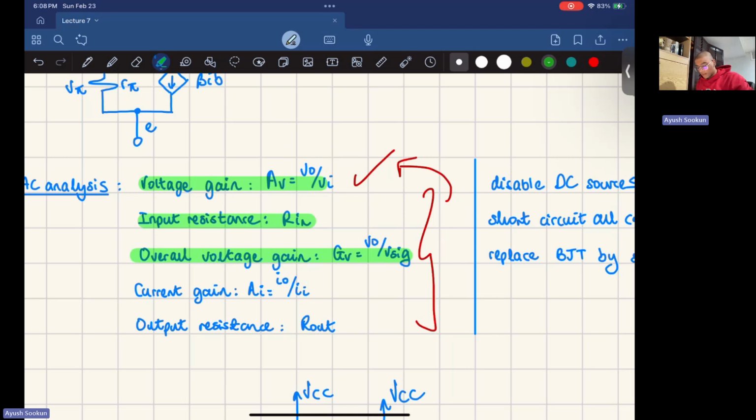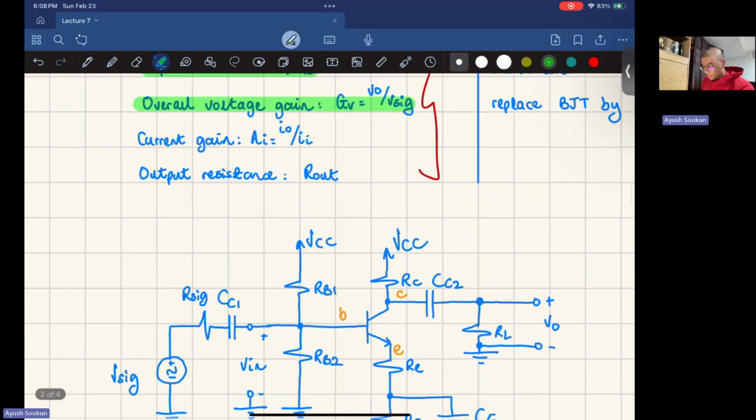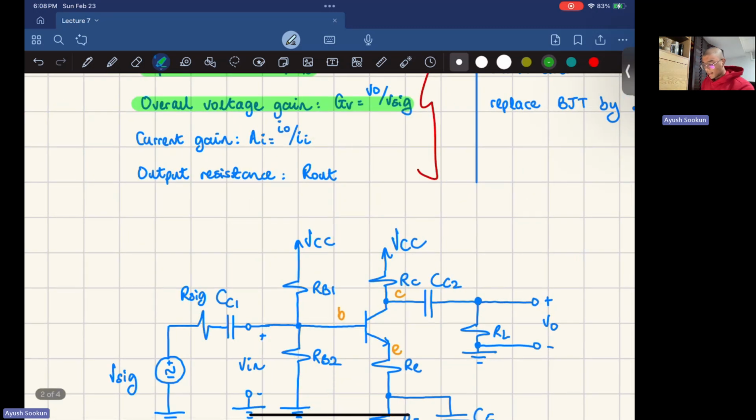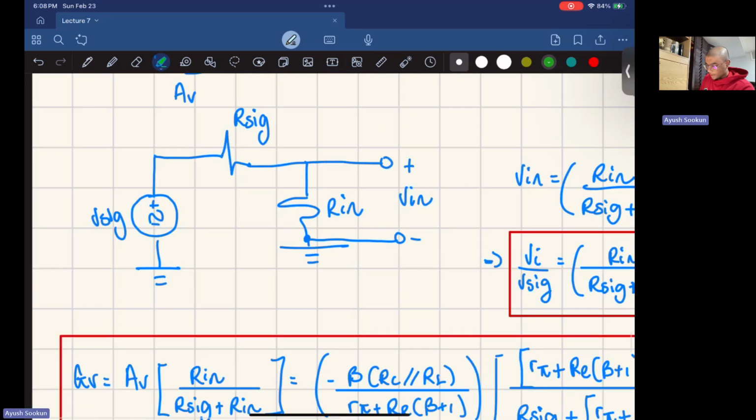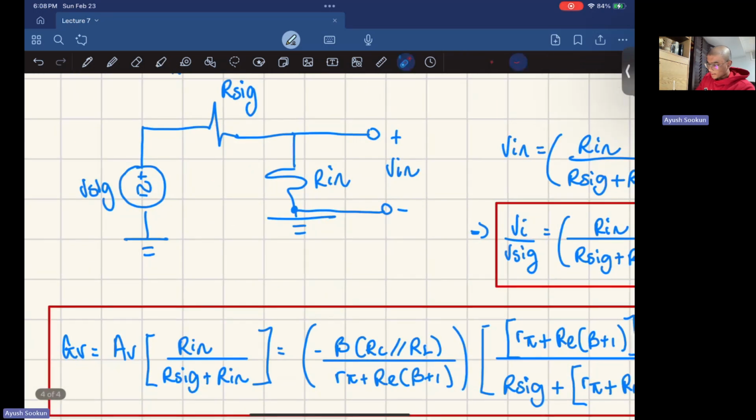And the next thing we want to find is the current gain, AI, which is I output over I input, okay? Now, if you look at the situation here in the circuit again, this is the input voltage, plus and minus, this is the ground, and this is R input.